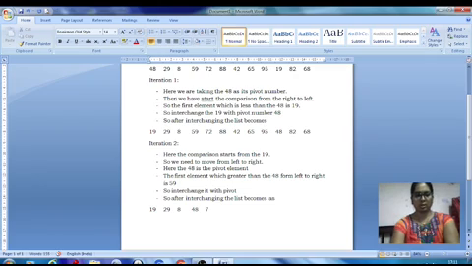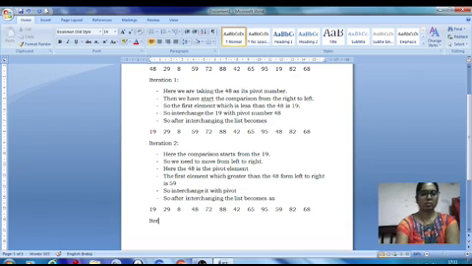Then we write 72, 88, then 42, then 65, then 95, then 59, then 82 and 68.